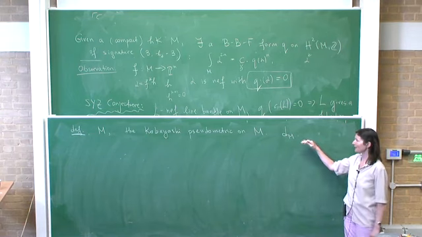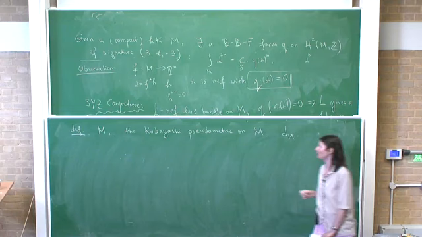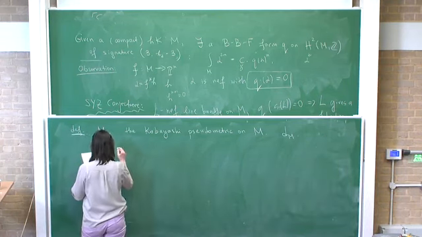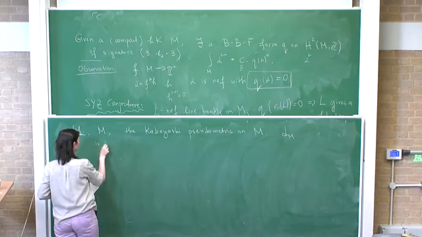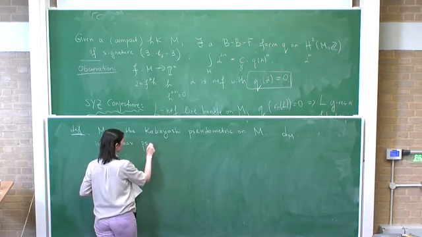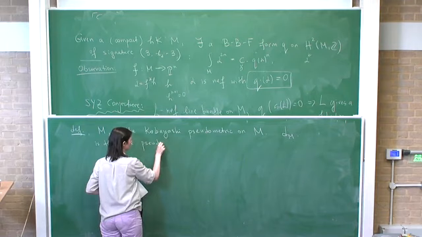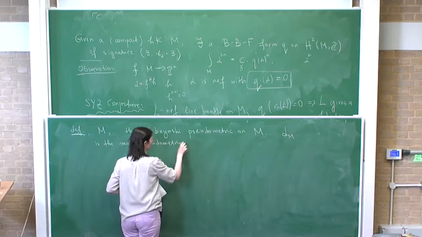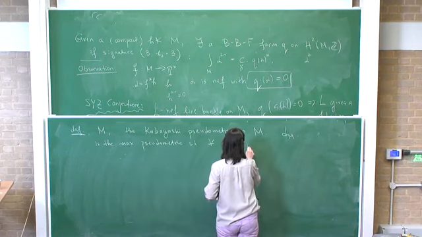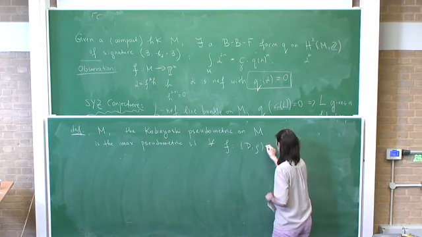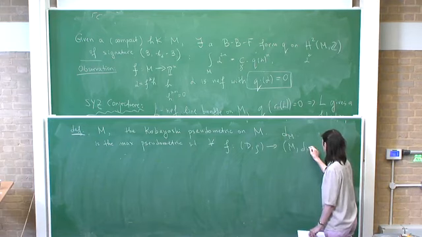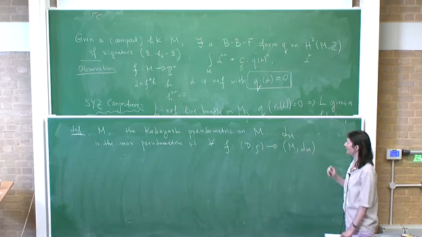I'm going to introduce it using one of its properties, which is the following. This is the maximal pseudometric such that every holomorphic map from the unit disk in the Poincaré metric to M with this pseudometric is distance decreasing.